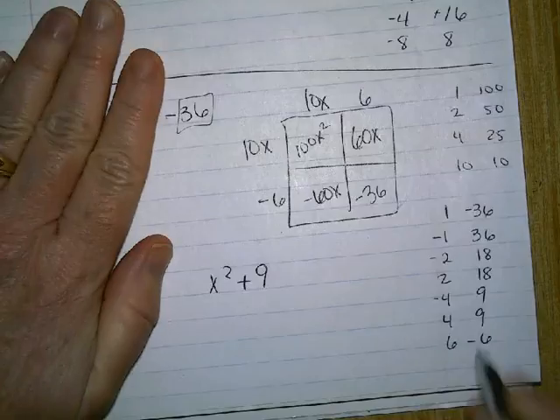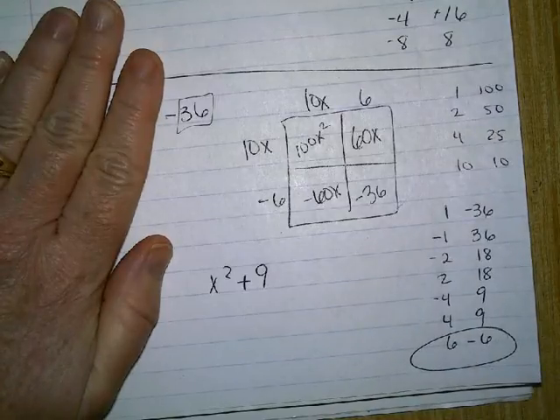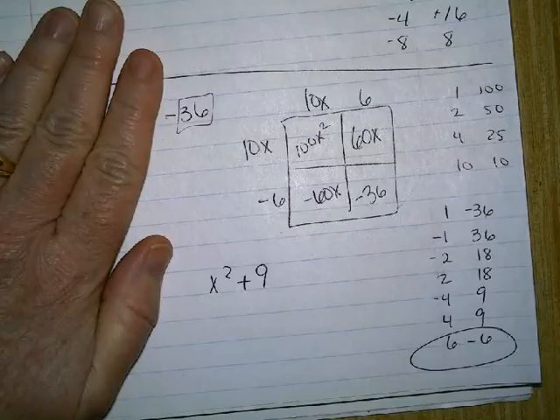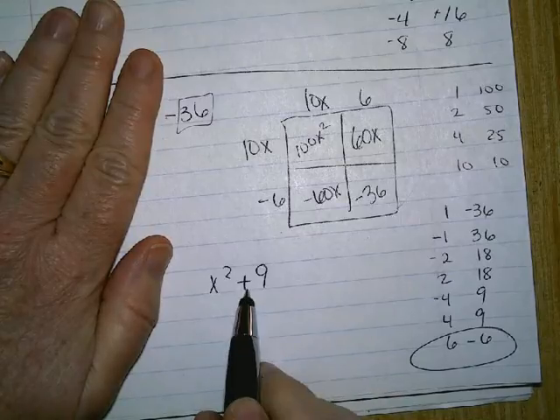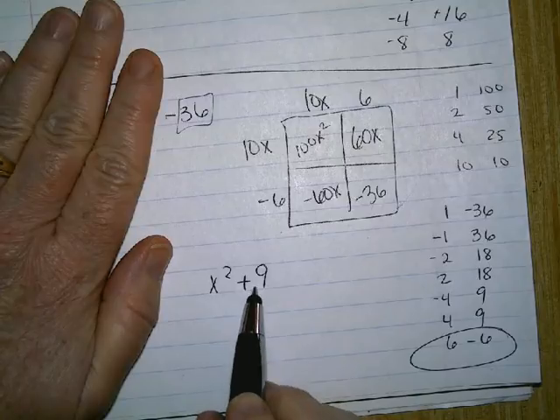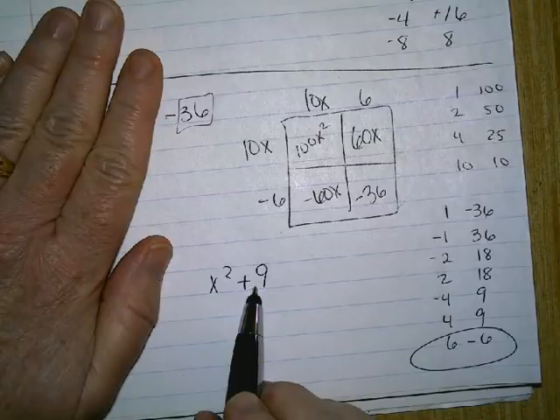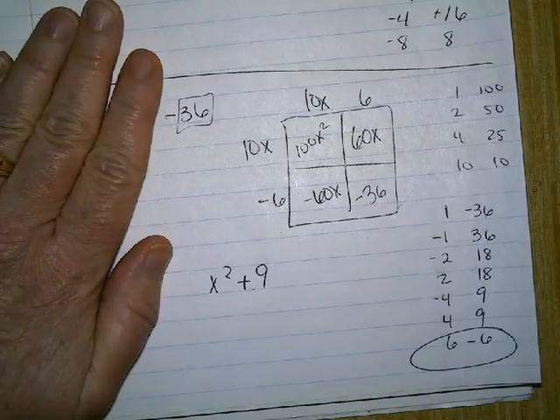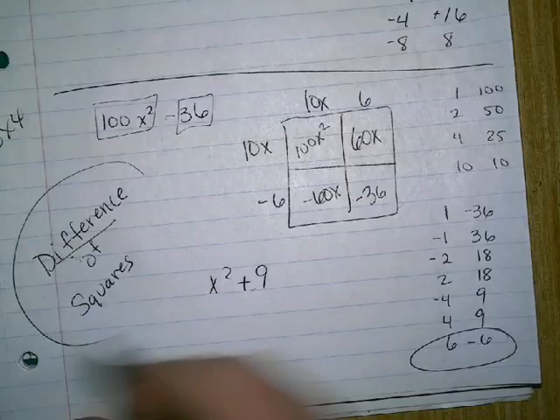And when I get a positive and a negative that are identical, they create a 0. If I had a positive 3 and a negative 3 and I multiplied them together, I'd get negative 9, not positive 9, right? If I multiply a positive 3 and a positive 3, I get positive 9, but does positive 3 and positive 3 make 0? No. Okay, so it's the difference of squares.